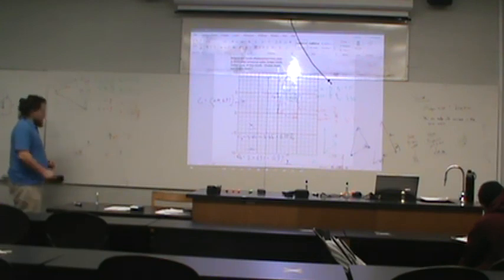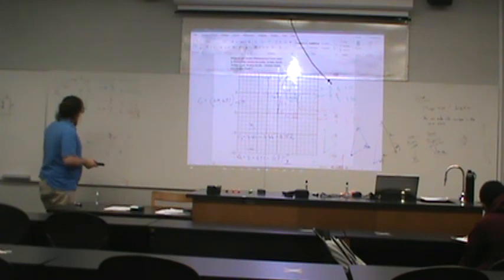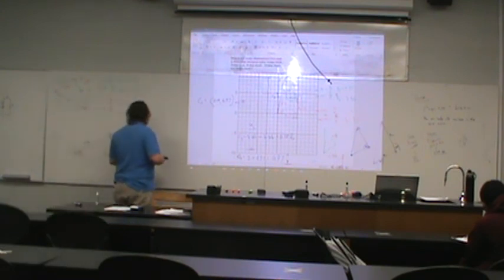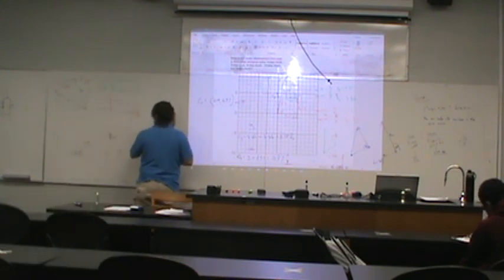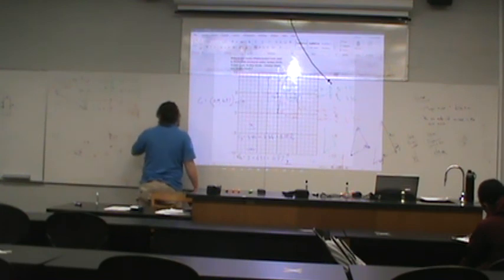Then for 13, sine of 30 will give us ay over 8. Cosine of 30 will give us ax over 8.